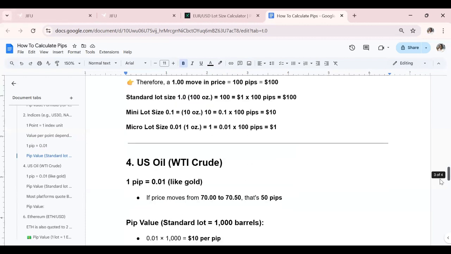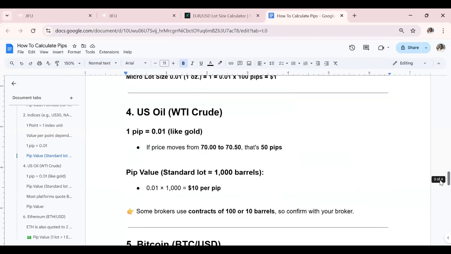All right. So for US oil, on some broker platforms it comes as WTI crude. There's also UK oil, so don't mistake it with UK oil. So this is US oil, and the movement is actually just like gold.